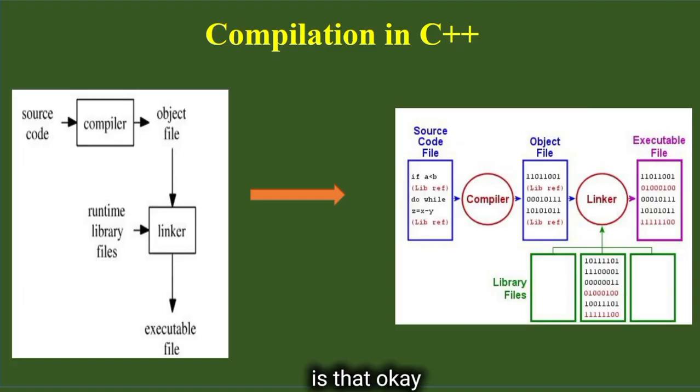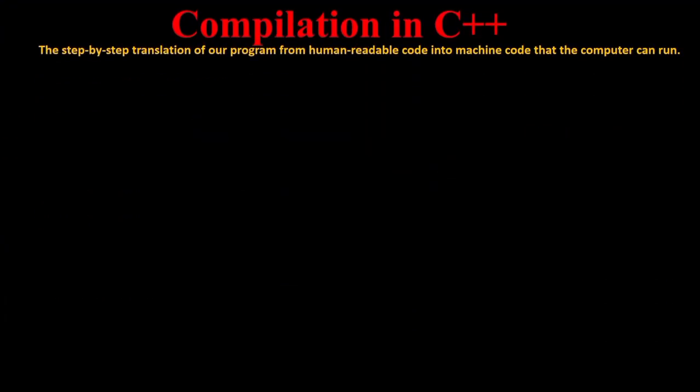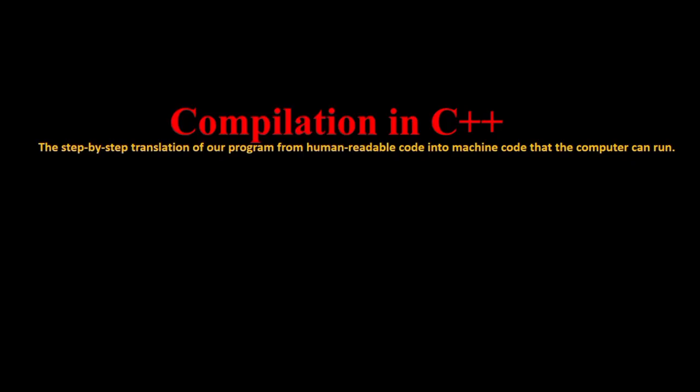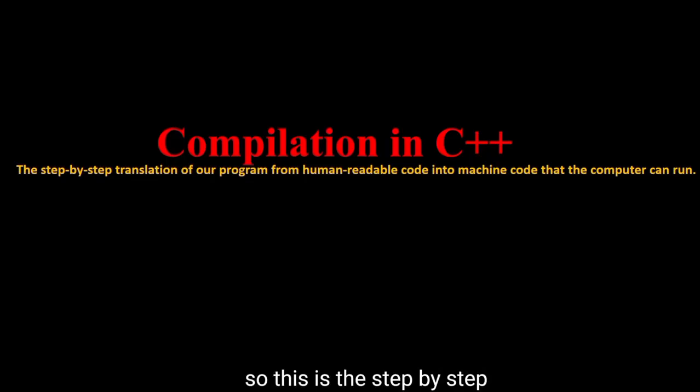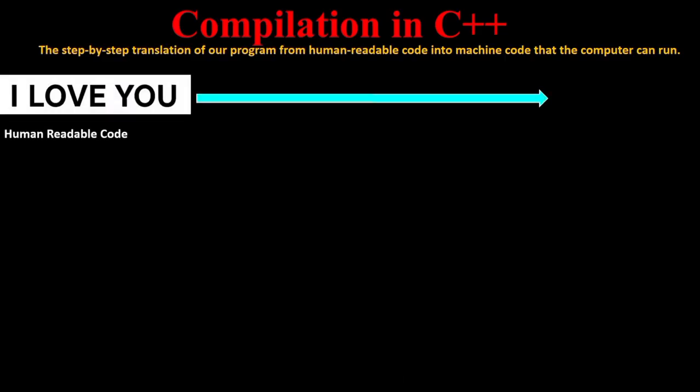Is that okay? So, compilation in C++. This is the step-by-step translation of a program from human readable code into machine code that the computer can understand. In short, we are saying this.